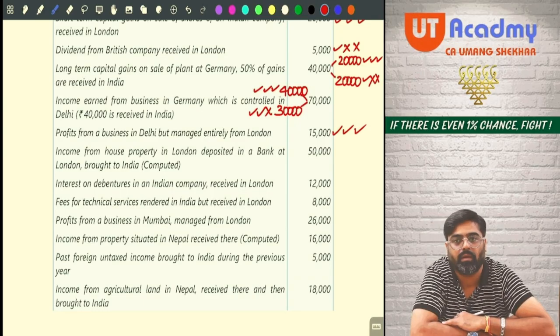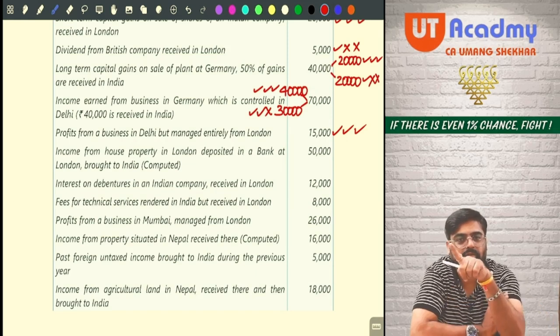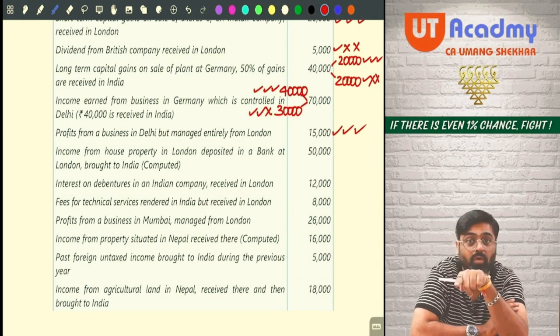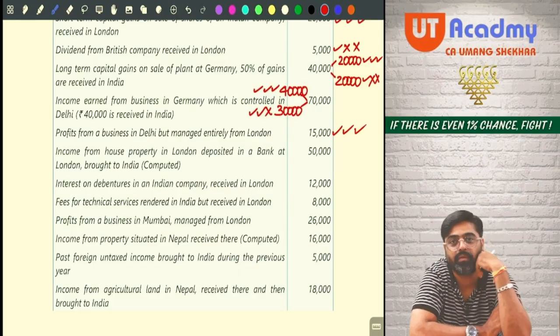Next one. Income from house property in London deposited in a bank at London brought to India, bracket computed. Wait. This same to same point we have done in question number 5. Go and check question number 5. Illustration 5.